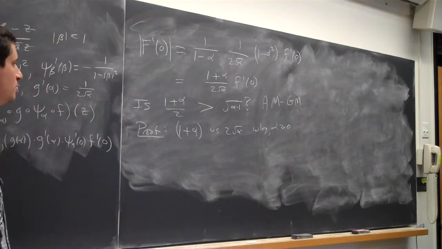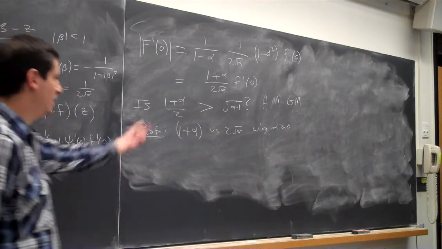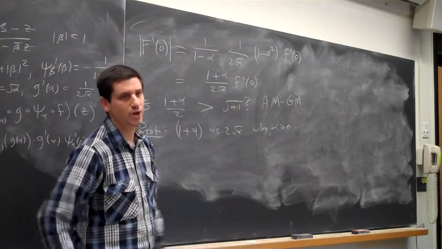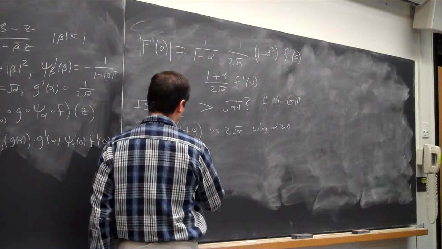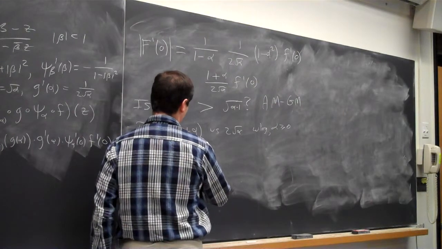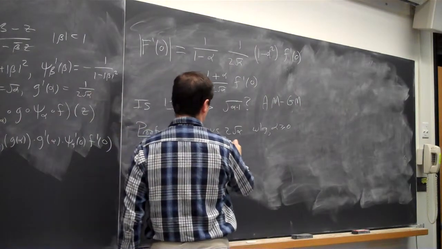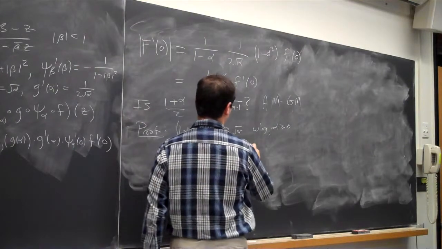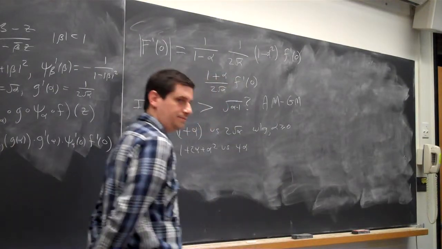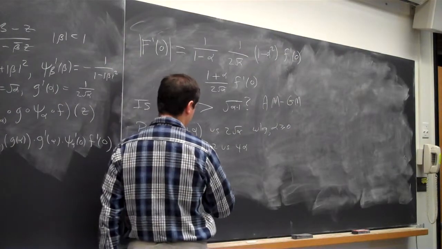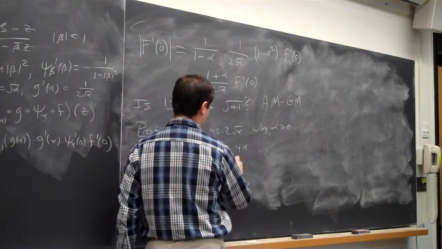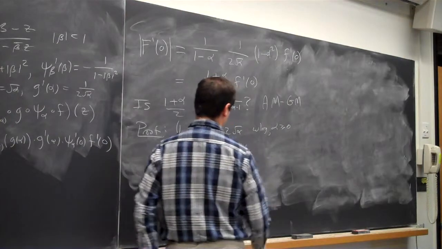Because if alpha was negative, this would be absurd, right? I'm not taking square roots of negative numbers and comparing a real number to an imaginary number. So alpha is greater than or equal to 0. Well, if I square both sides, I get 1 plus 2 alpha plus alpha squared versus 4 alpha. So if I subtract, I get 1 minus 2 alpha plus alpha squared versus 0.